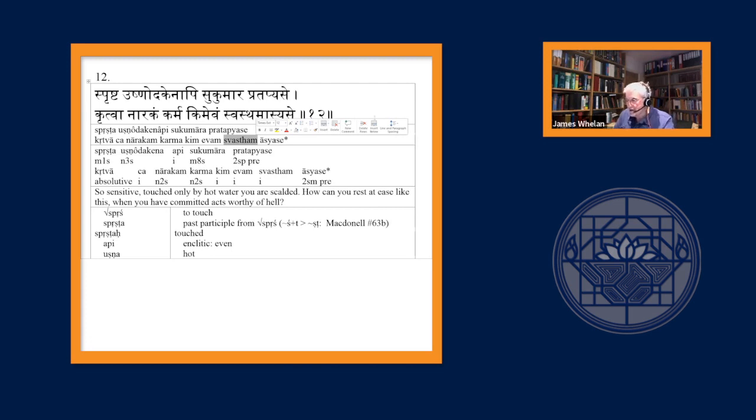Very often in Sanskrit, if you want to make an adverb, you just take an adjective, put it into the neuter form, and it becomes an adverb, which is what's happened here. That's why it's in the neuter form, swastham, as an adverb. So kim evam swasthamasyase. How can you sit around at ease like this, evam, like this, meaning in the way that you're doing?